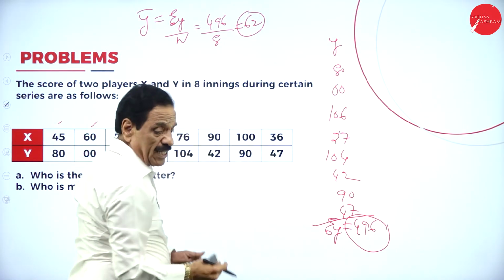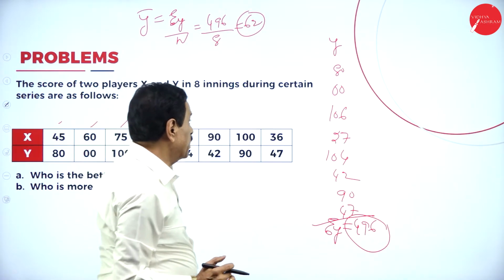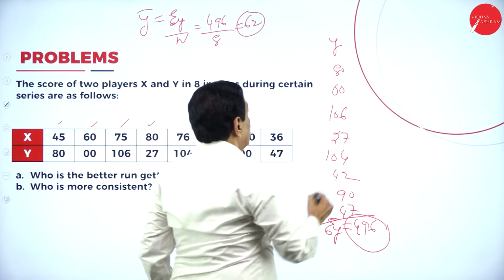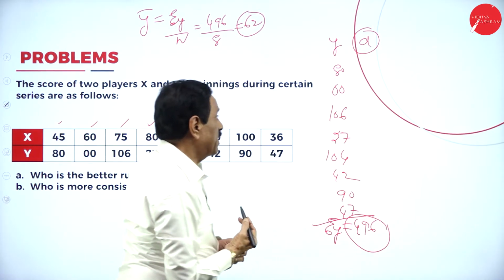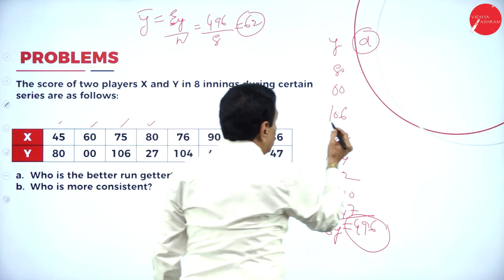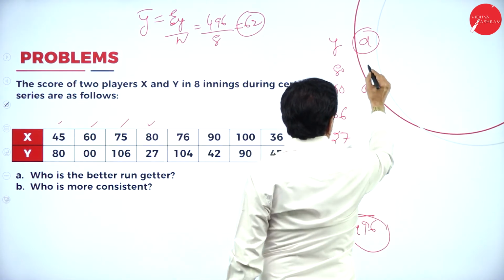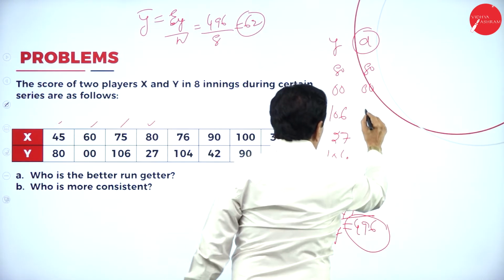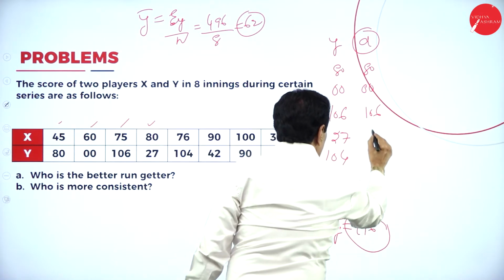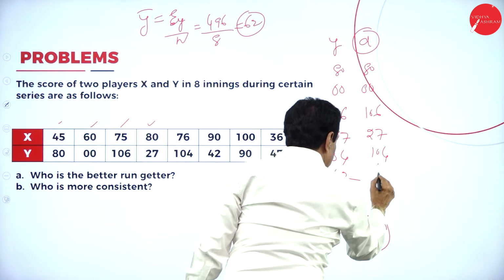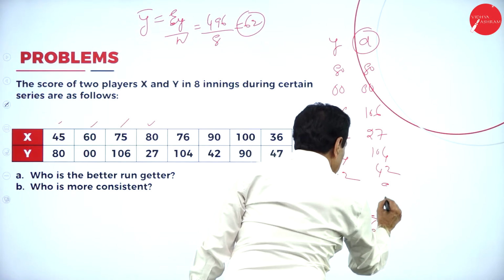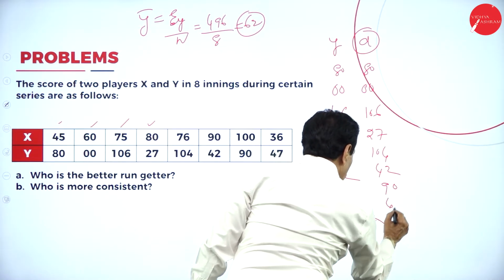Then you have to calculate the standard deviation. Here you take the D. Assume the lowest number is 0. The same numbers will come: 80 more, 106 more, 27 more, 104 more, 42 more, 90 more, 47 more.